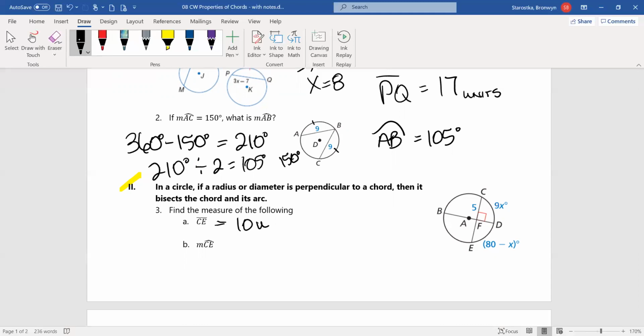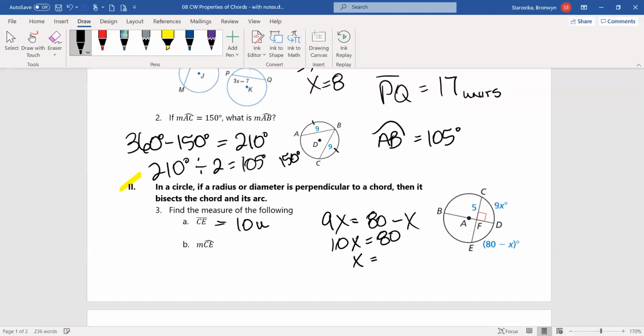And we want to know the measure of CE. So again, this is one of those where you find X and then plug in. So we know that X equals 80 minus X. Add X to both sides. 10X equals 80.